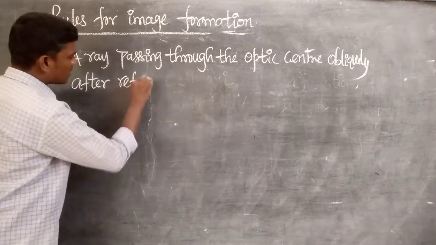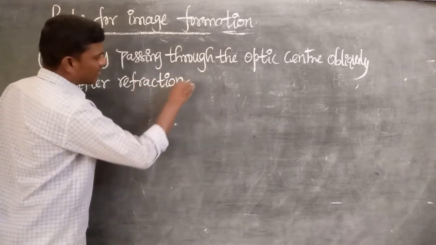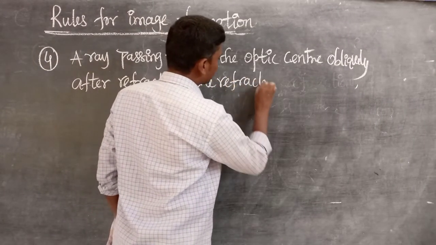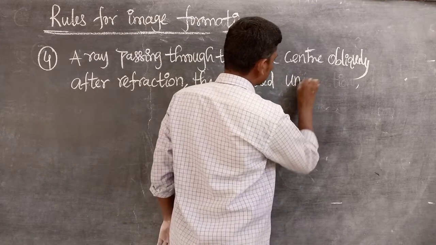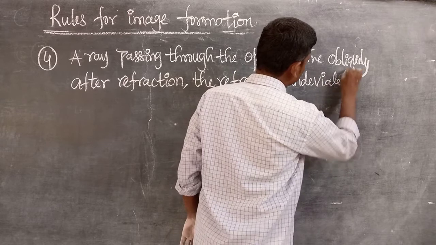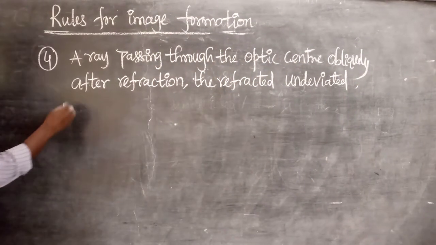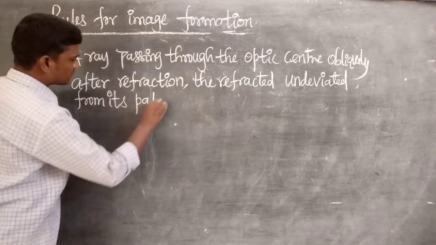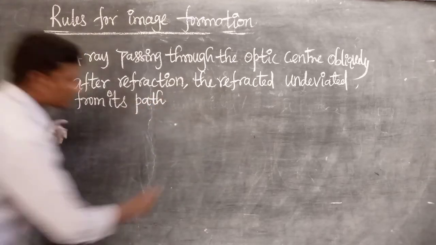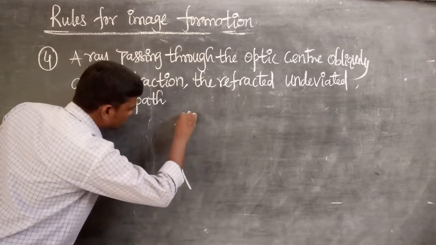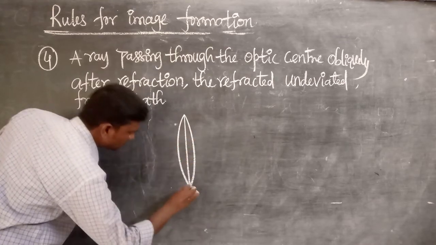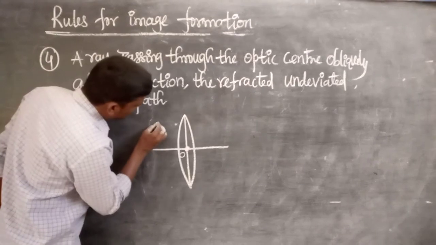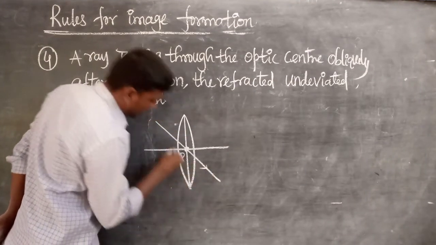After refraction, the refracted ray is undeviated from its path. It is the optic center, like this.